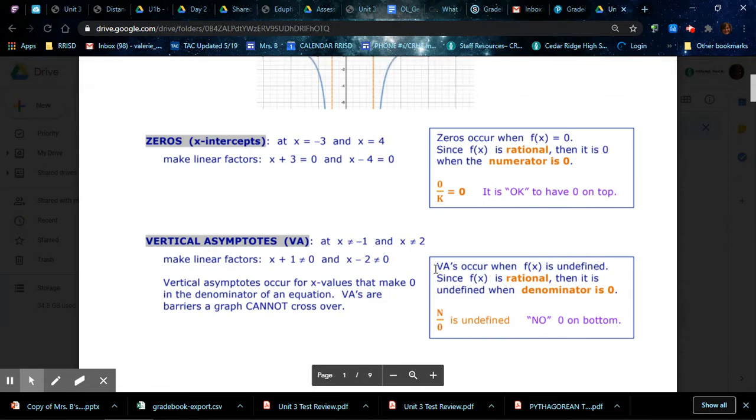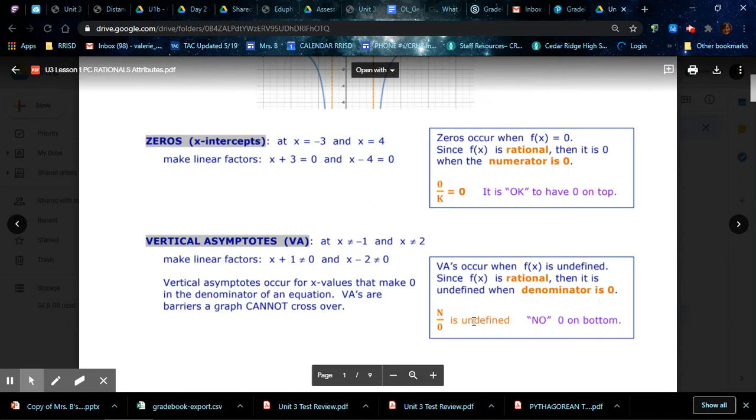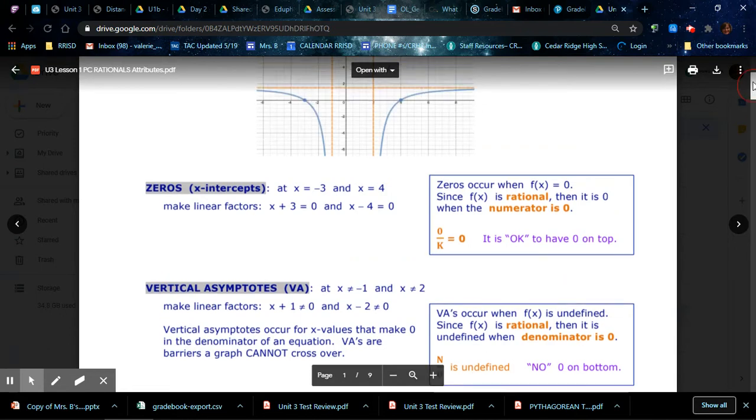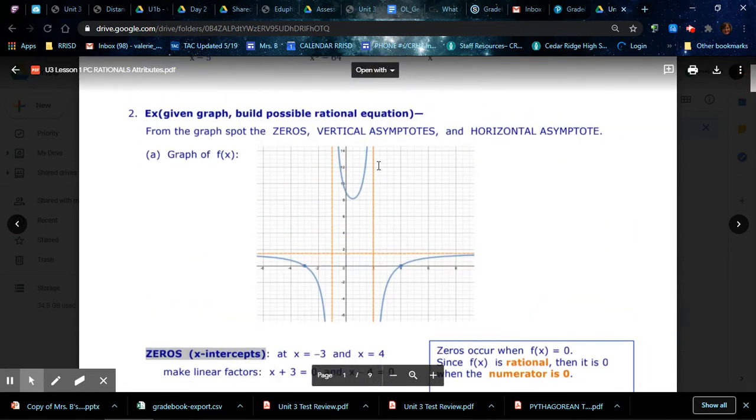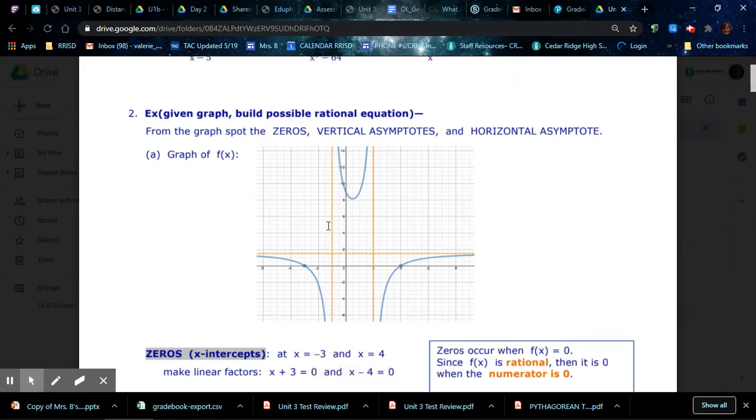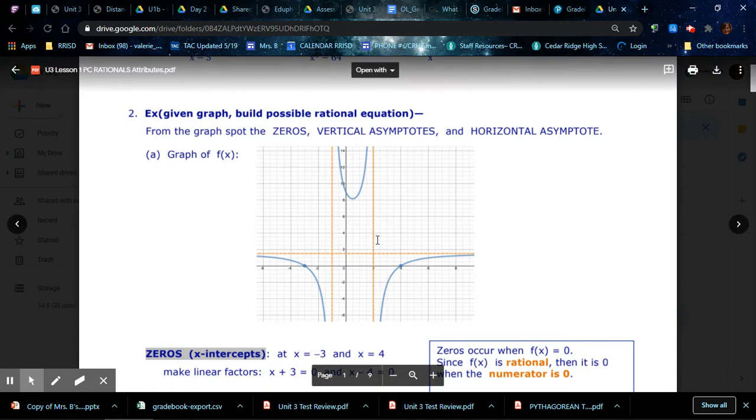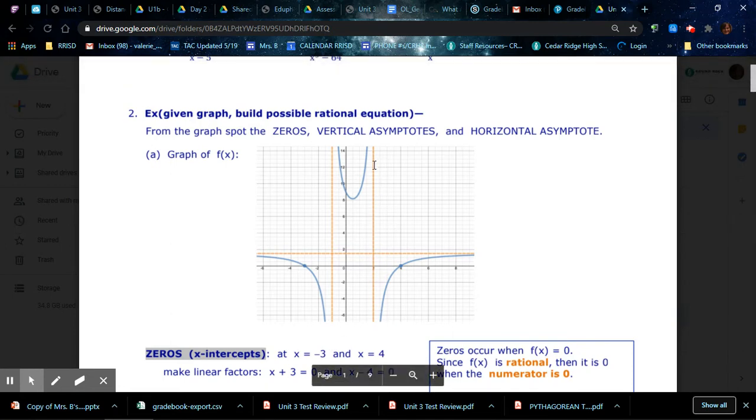So this is where we're leading with the next one. The VA stands for vertical asymptote. So the vertical asymptotes, where do they occur? That is when the denominator is equal to 0. So vertical asymptotes tell you when the function is not defined. It is undefined, and therefore the verticals tell you where there are zeros in the denominator.